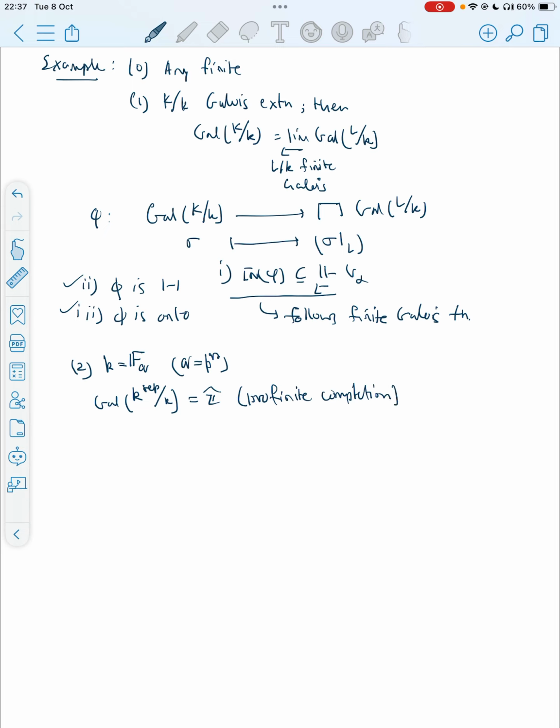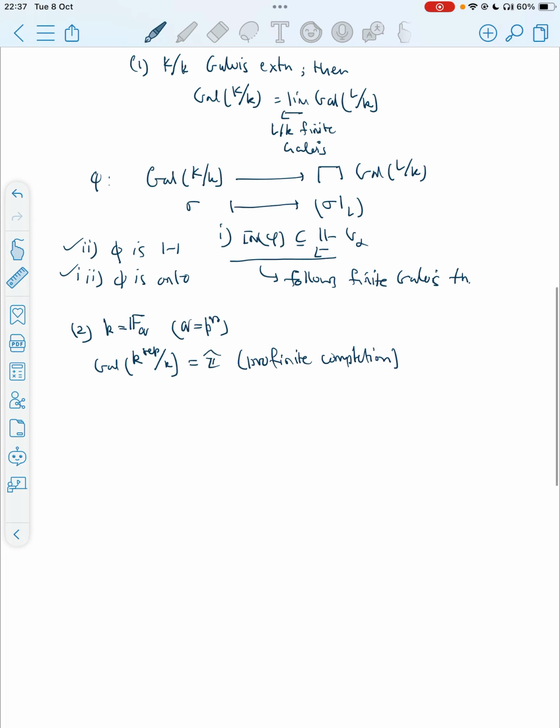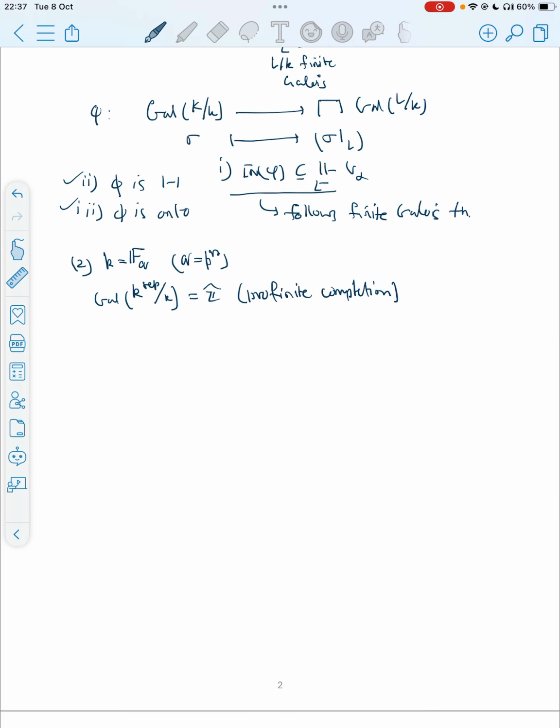Okay. And whenever you have a profinite group, you can define a topology on it. That's the important part because the correspondence theorem that we are going to prove in this video will involve that topology.